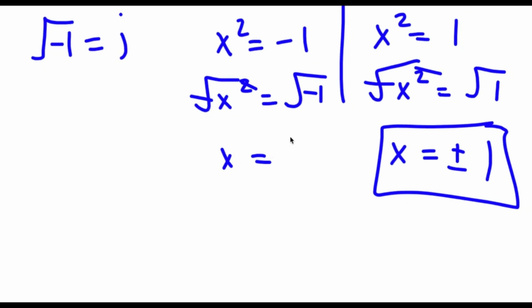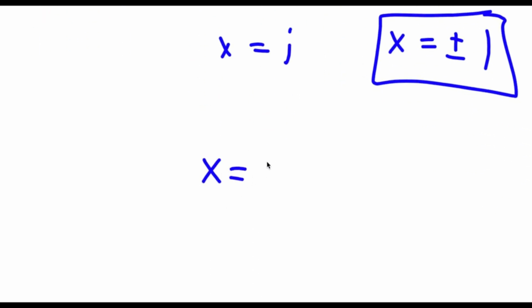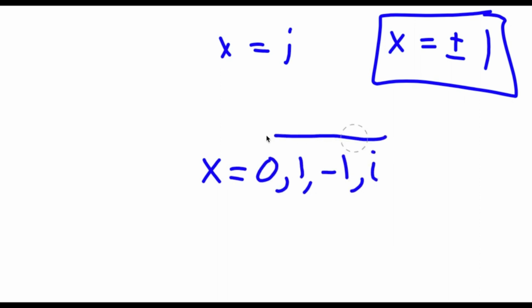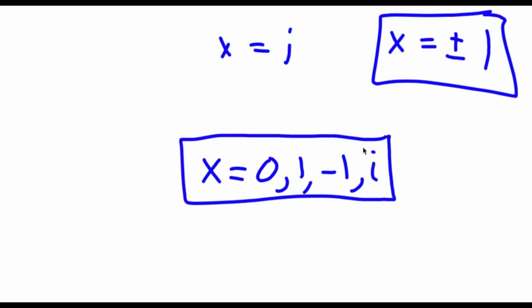So now I have x is equal to i. So my solutions are x is equal to 0, 1, negative 1, and i. So these are my 4 solutions to this problem.